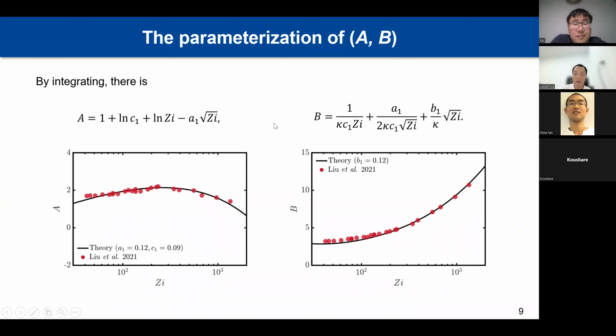All these constants can be determined by least squares fitting based on a high fidelity database. We did this by performing a suite of large eddy simulations. Here is the comparison between the model prediction and numerical simulations. The agreement is really good.